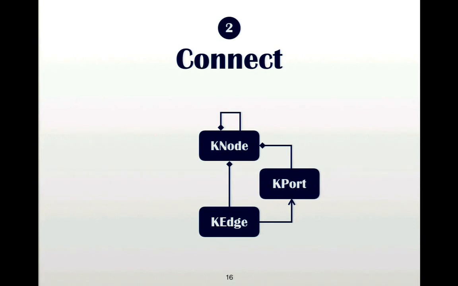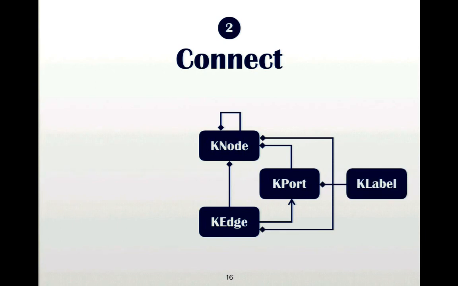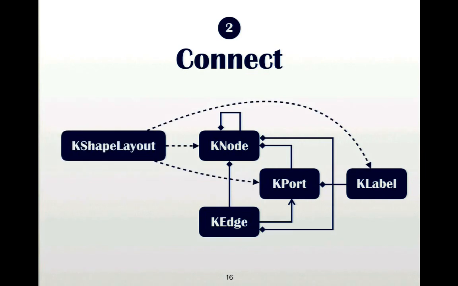Now imagine this diagram without those labels. That would be kind of useless. So we also support labels that can be attached to pretty much anything, to nodes, to ports, to edges. And so far, that's only structural information. I have a node that's connected by an edge to another node, and it has a few ports and stuff. What we are lacking as of now is layout information, the actual positioning information.